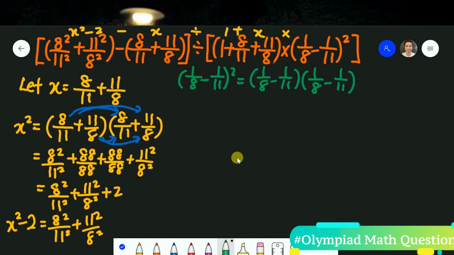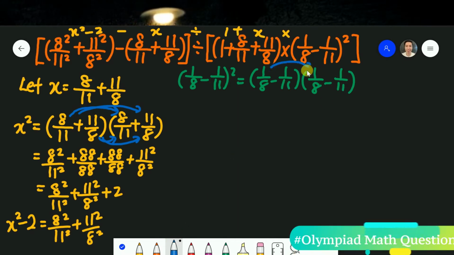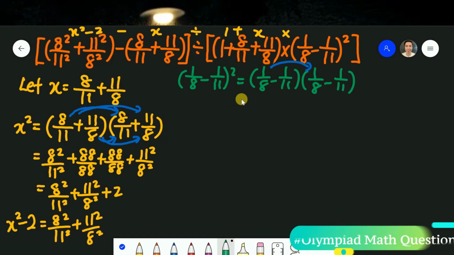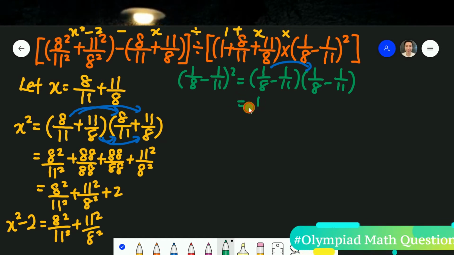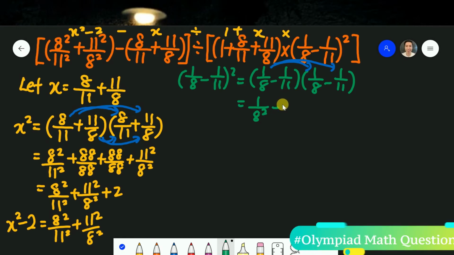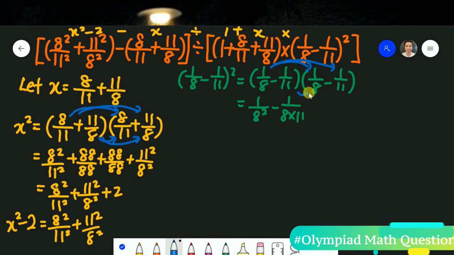As usual, we expand it. 1 times 1 is 1 squared, which is 1, so we write 1 over 8 squared at the bottom. Next, 1 over 8 times negative 1 over 11 gives negative 1 over 8 times 11. We don't simplify it first. Next, negative 1 over 11 times 8.